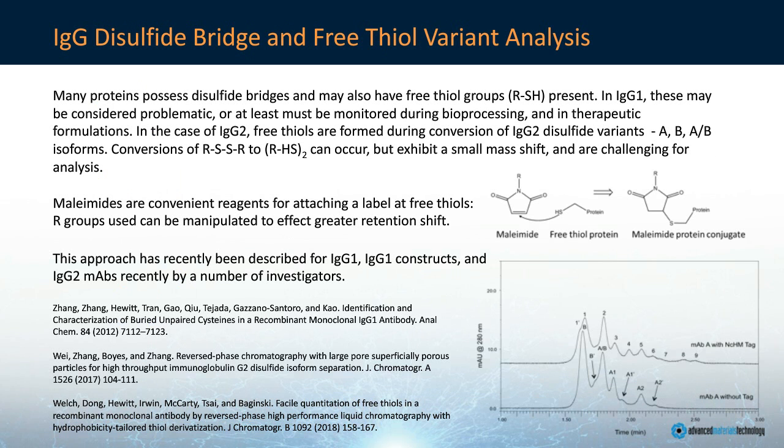So analysis of those variants is required. Many proteins possess disulfide bridges and may also have free thiols. In the case of IgG2, free thiols are formed during the conversion of IgG2 disulfide variants, isoforms.